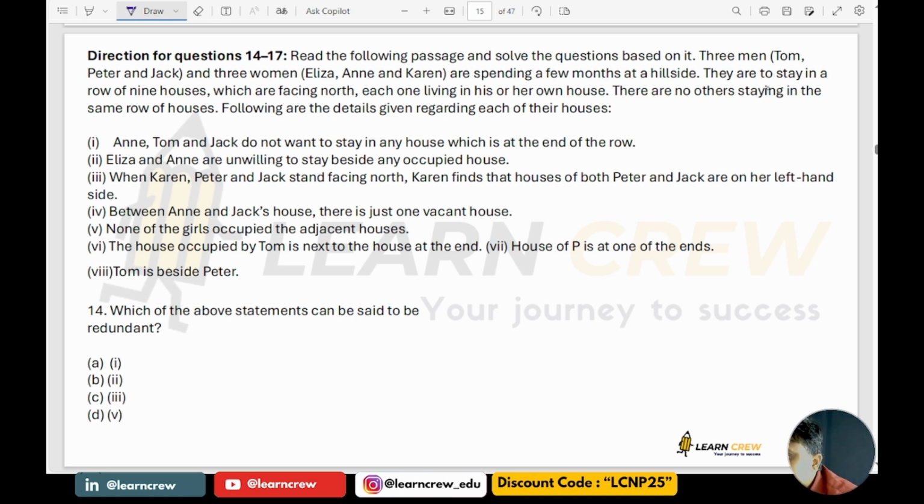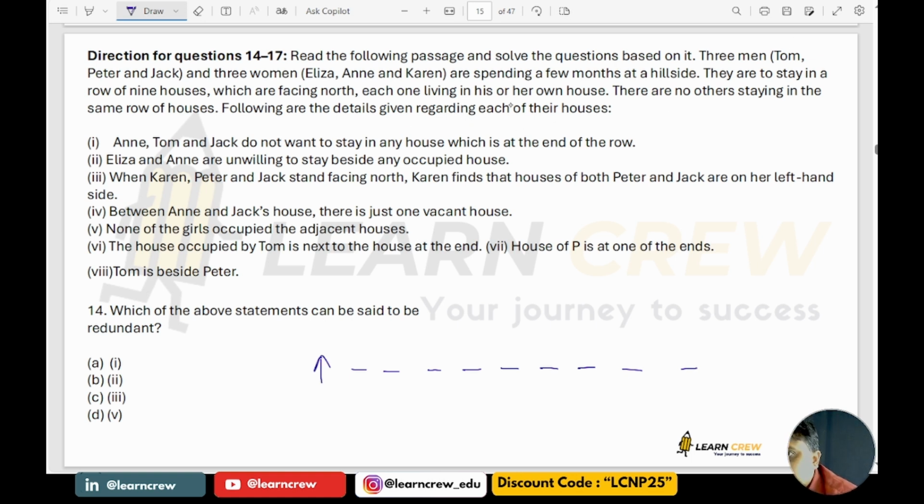They are to stay in a row of 9 houses. There are 9 houses, 1, 2, 3, 4, 5, 6, 7, 8 and 9, which are facing north.